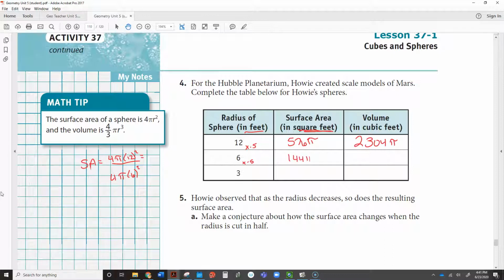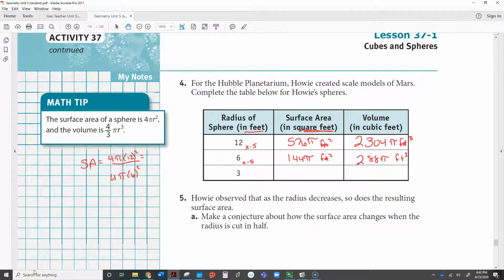And then this is going to be, I believe this is going to be 288 pi. Now this is square feet, and this is, oh, I'm doing inches, sorry. Feet, feet, feet cubed. This is cubic feet.